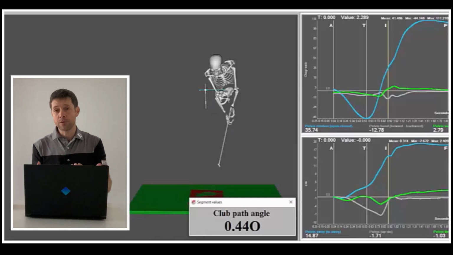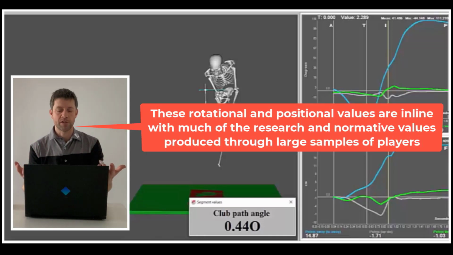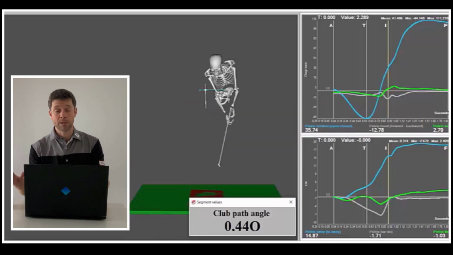So the values produced for the rotation, the lateral sway and the thrust are somewhat towards these normative references, sometimes the expected value. It really depends on who expects the value, and often where that expectation comes from.